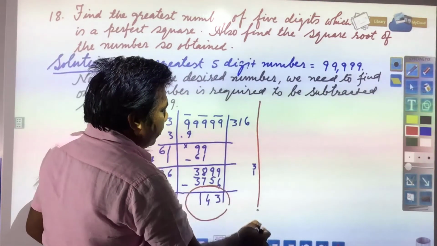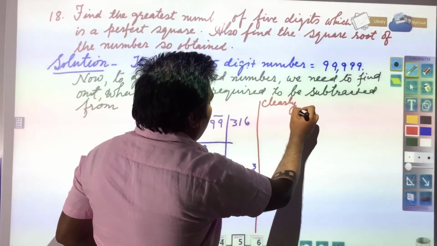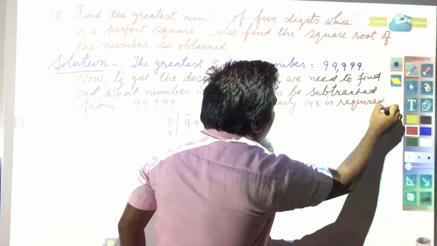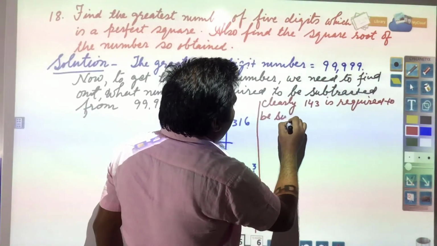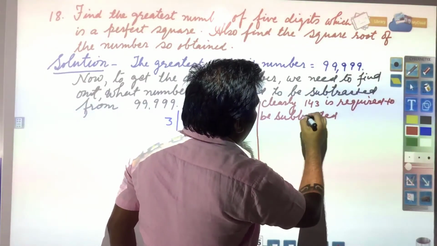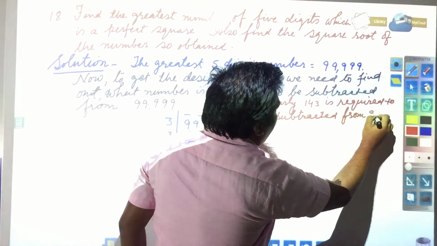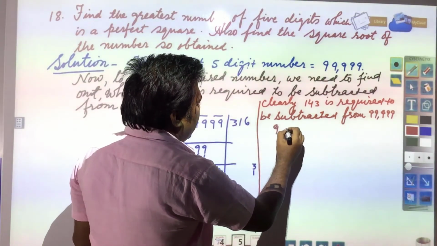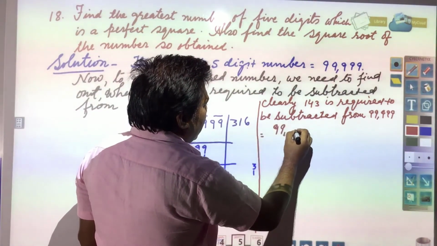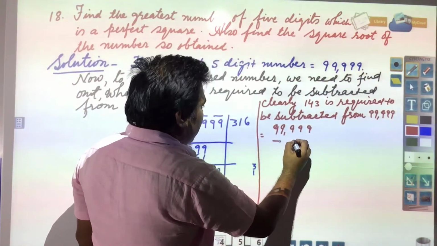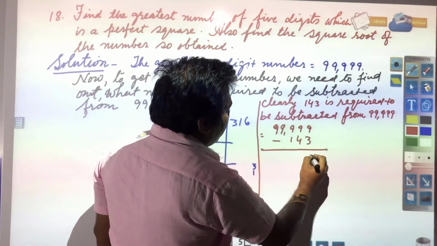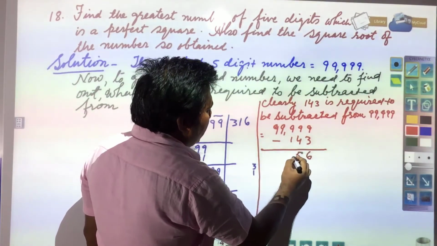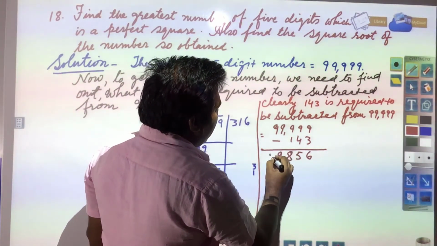So here we will write clearly: 143 is required to be subtracted from 99,999, and this will be 99,999 minus 143. 9 minus 3 is equal to 6, 9 minus 4 is equal to 5, and 9 minus 1 is equal to 8, and this is 9 and this is 9.